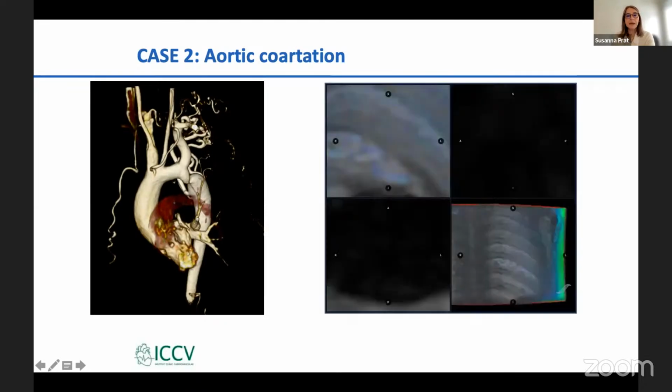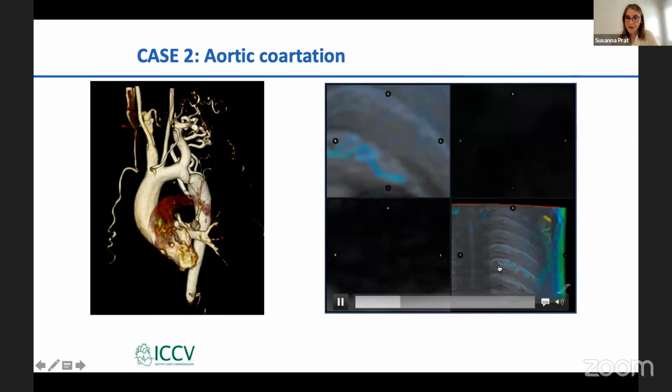But the thing that I want to show you is that in this patient, the 4D flow first shows these nice images. If we focus here, we can see that the intercostal arteries are very prominent. And if we focus in the zoom, we can see that usually, in our experience, we don't see these arteries.